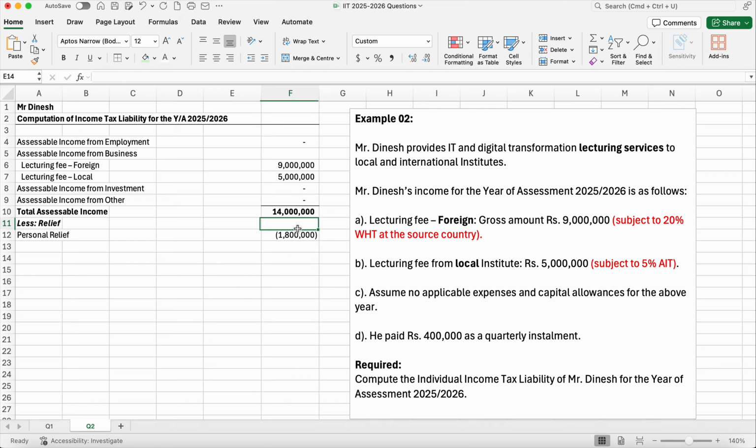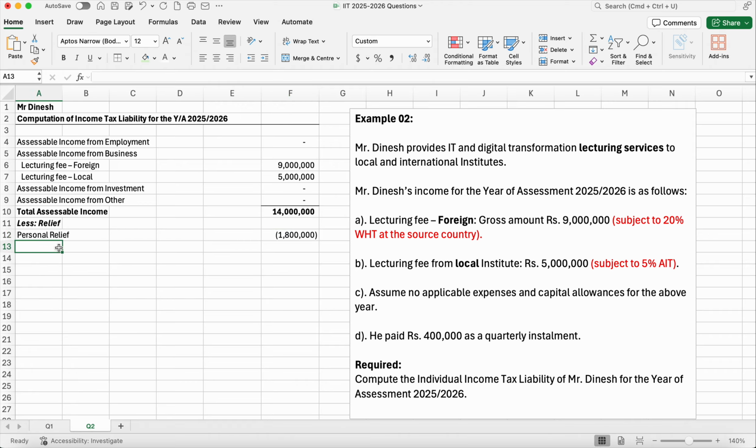Even if you are working in a company and getting more than 150,000, the employer is required to deduct advanced personal income tax. In this case, for any income, even business or investment, if he is earning more than 1.8 million, that amount is taxable.